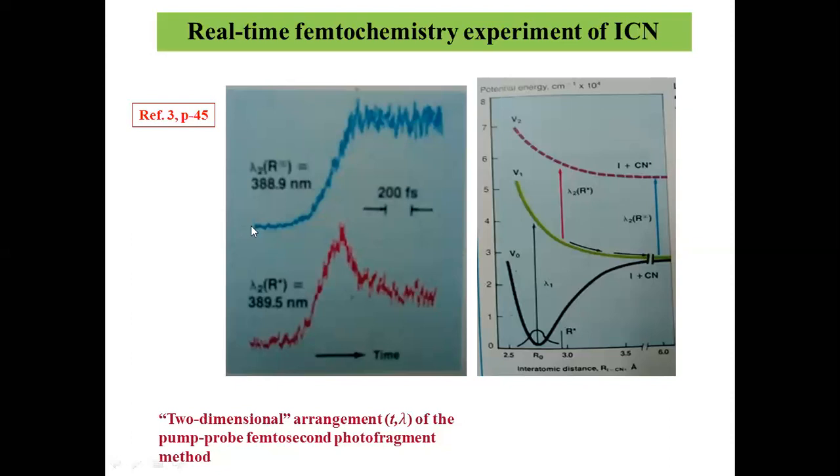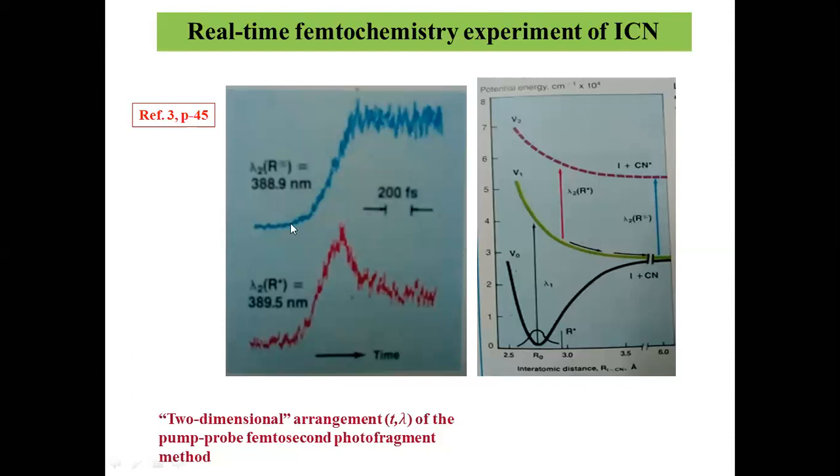Initially I get no intensity, right? That is because when CN goes from here to here, it takes time to reach the point where CN is completely separated. Here, at the resonance condition with the CN, once the probe pulse is set here, when CN comes, you are going to get the intensity.